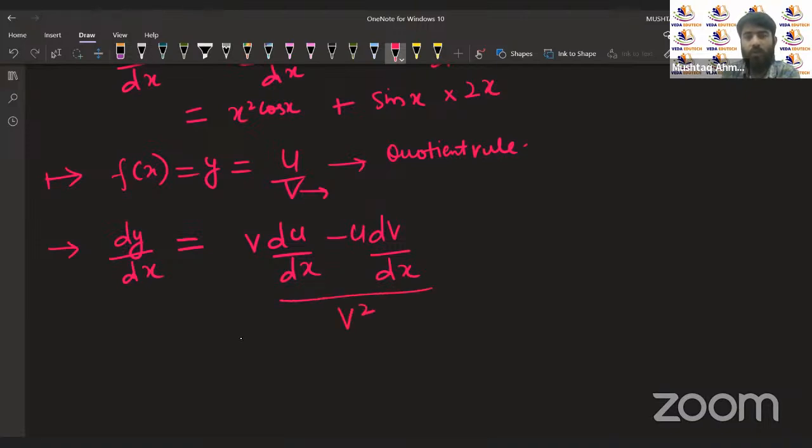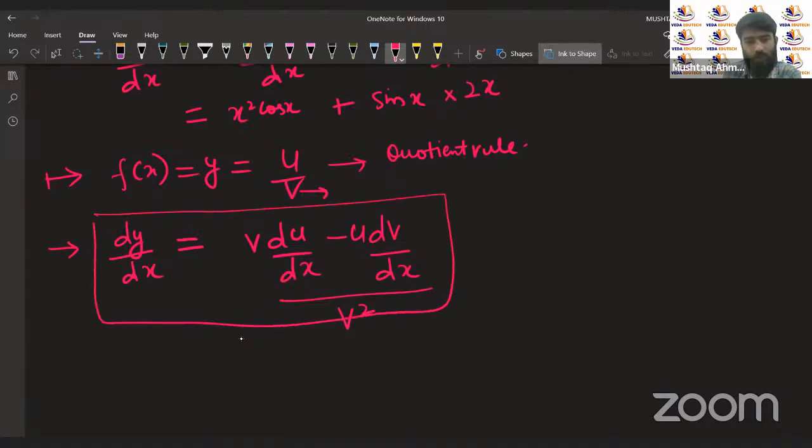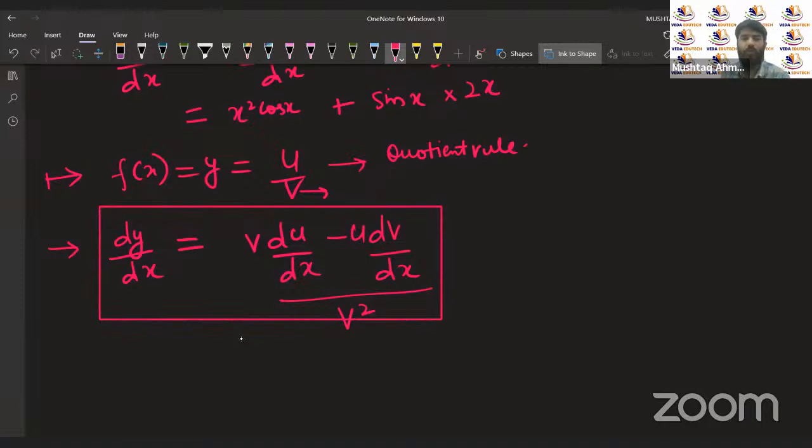This rule is what we call the quotient rule. This is the quotient rule to calculate the derivatives if the functions are of the form of u upon v.